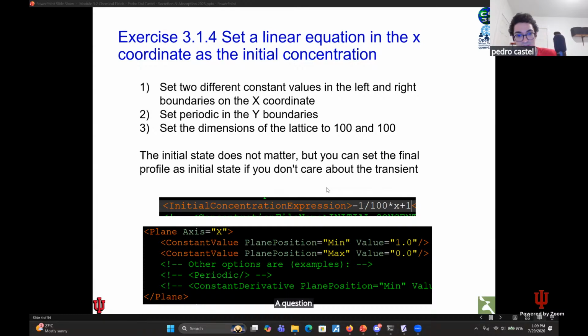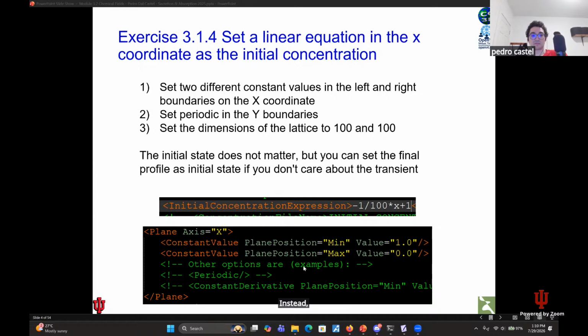Question from Nargis. Nargis, I'm sorry if I'm mispronouncing your name. Is there a way to add the boundary condition automatically here? So we have boundary conditions and periodic. Currently we cannot pop open that same wizard window and add it there. I already wrote the feature request on GitHub.